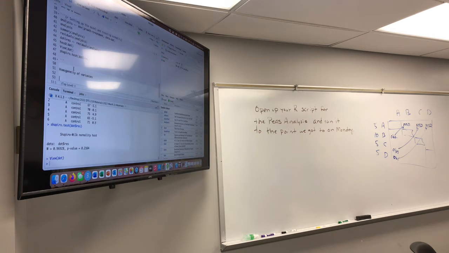Trenton, help them out. What actually is the homogeneity of variances looking at? It's not a t-test. It's an Anova, but it's an Anova on what?